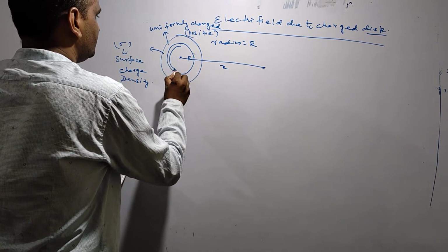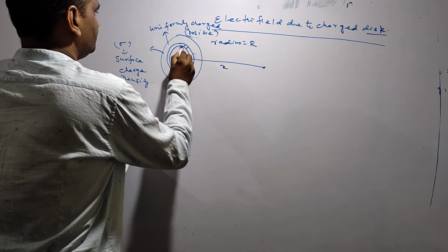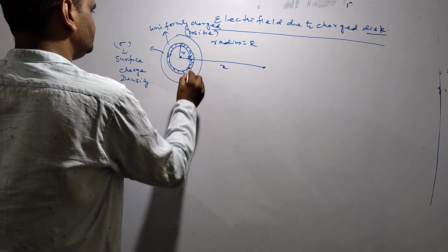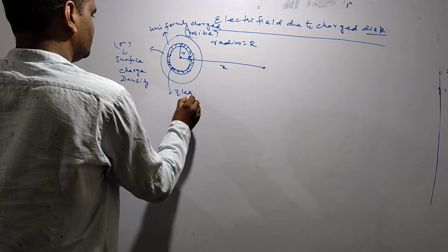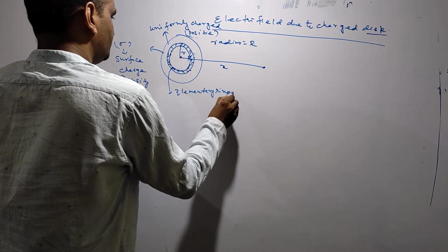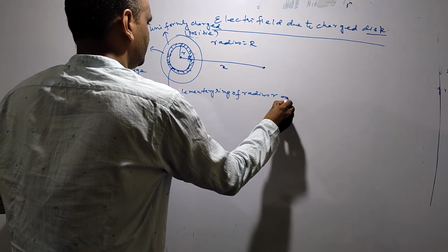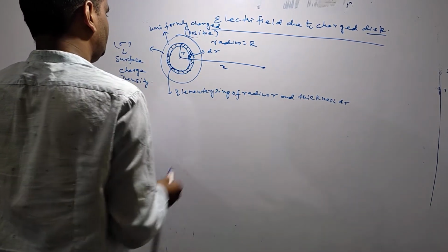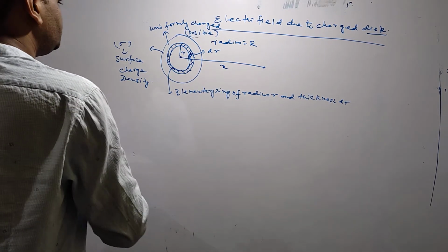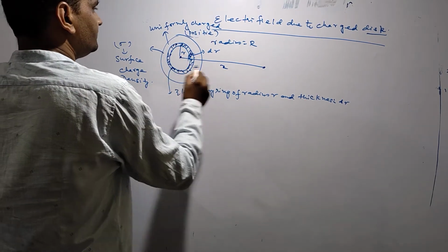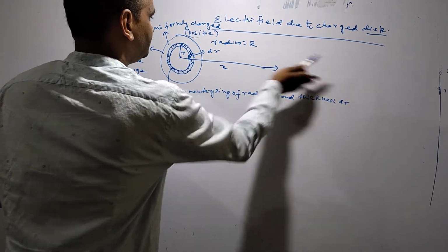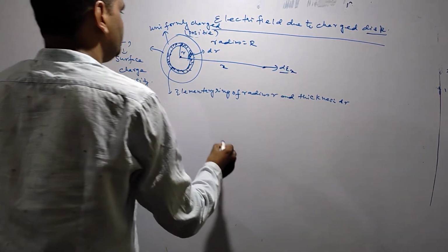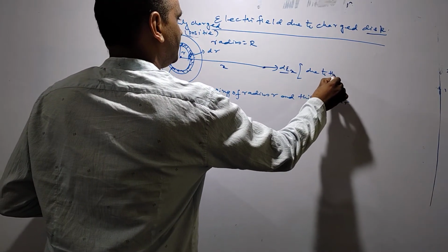This is your elementary ring cut from the disk, of radius r and thickness dr. The contribution of this ring to the electric field will be in the axial direction, dE_x, due to the ring.